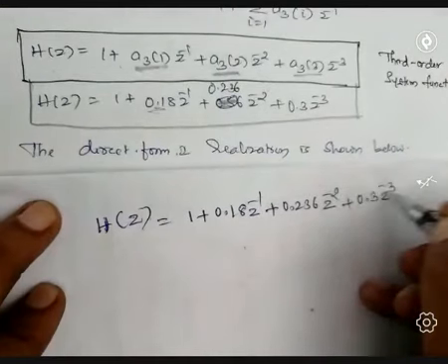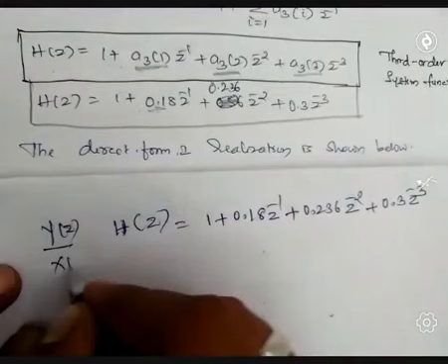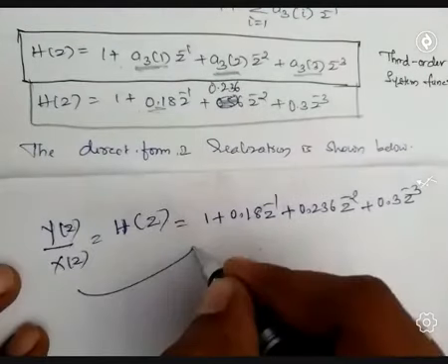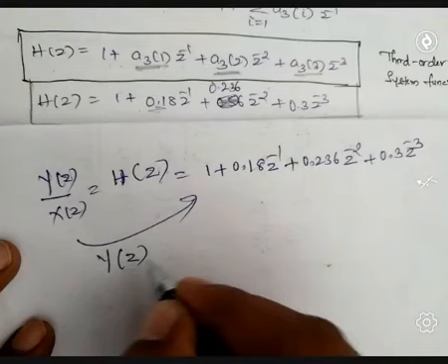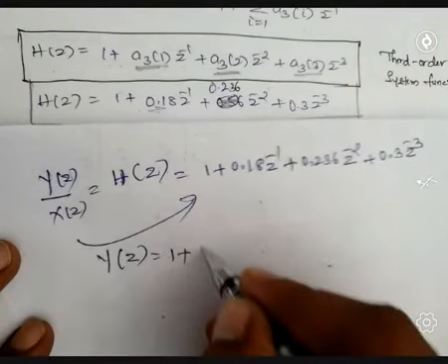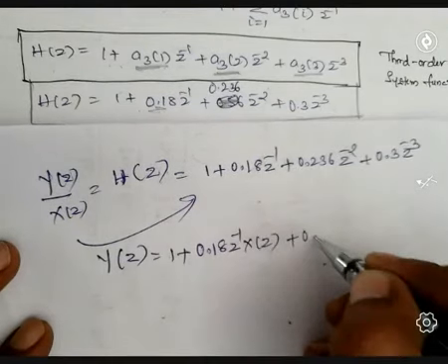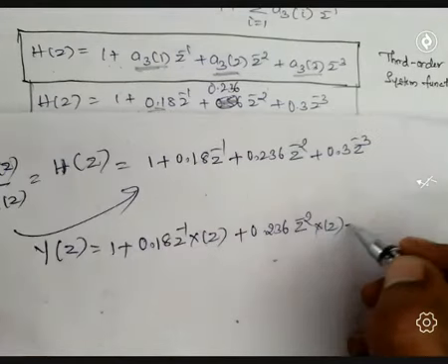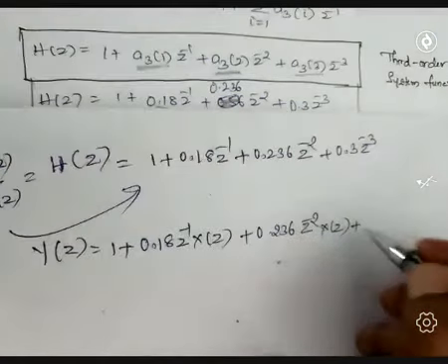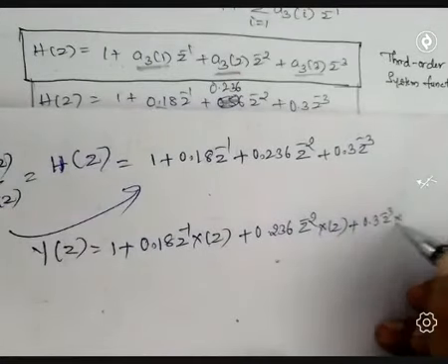This is nothing but the ratio of Y of z by X of z. Cross multiplication, hence we will get Y of z is equal to X of z plus 0.18 z to the power minus 1 X of z plus 0.236 z to the power minus 2 X of z plus 0.3 z to the power minus 3 X of z.